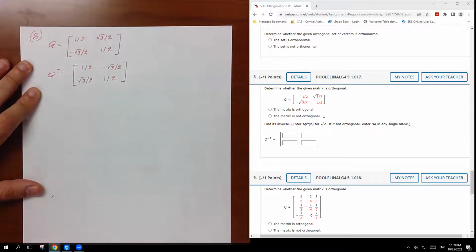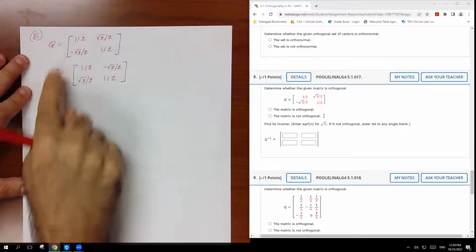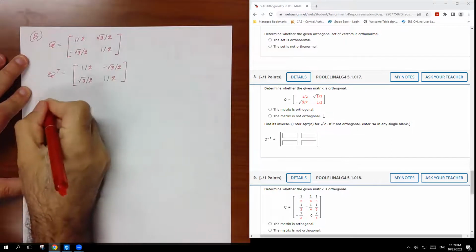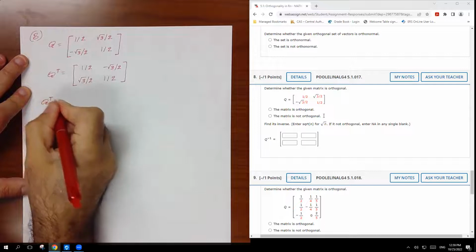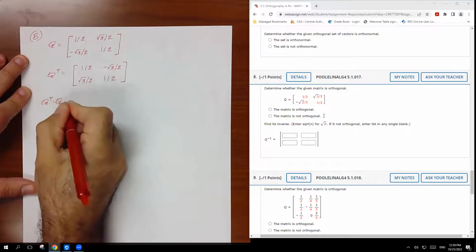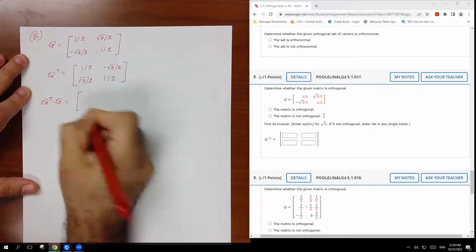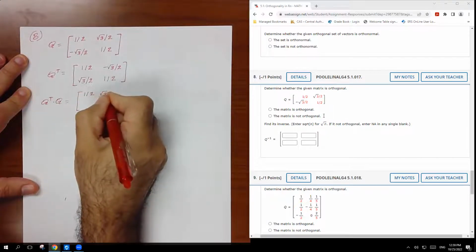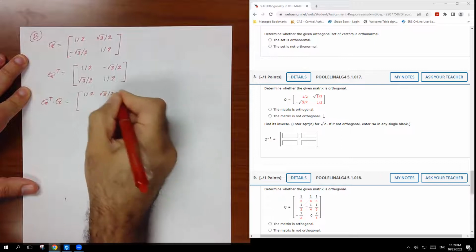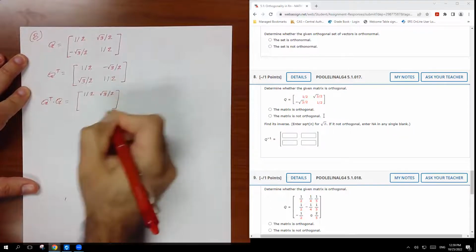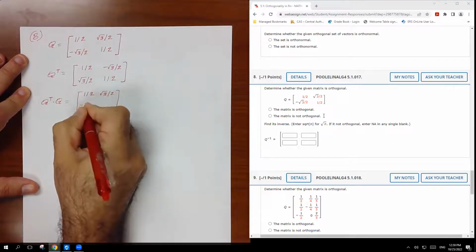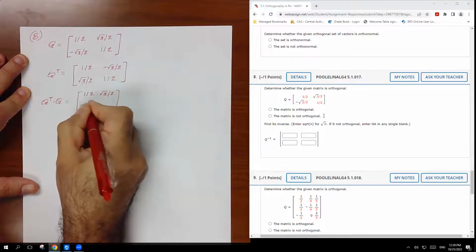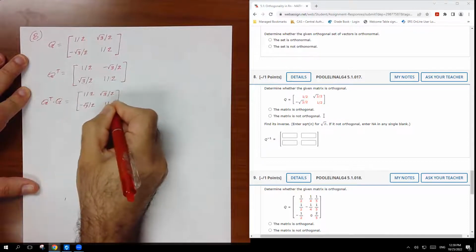Now, if I do the multiplication between Q transpose and Q, by this theorem, Q transpose times Q is going to be: 1/2, square root of 3 over 2, and here is negative square root of 3 divided by 2, and here is 1/2.